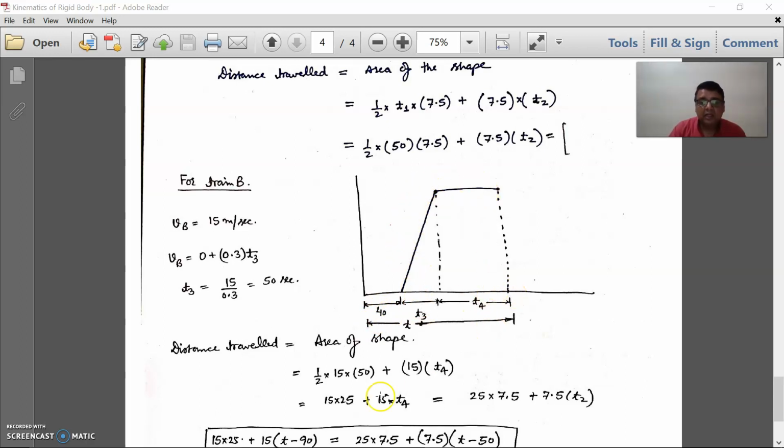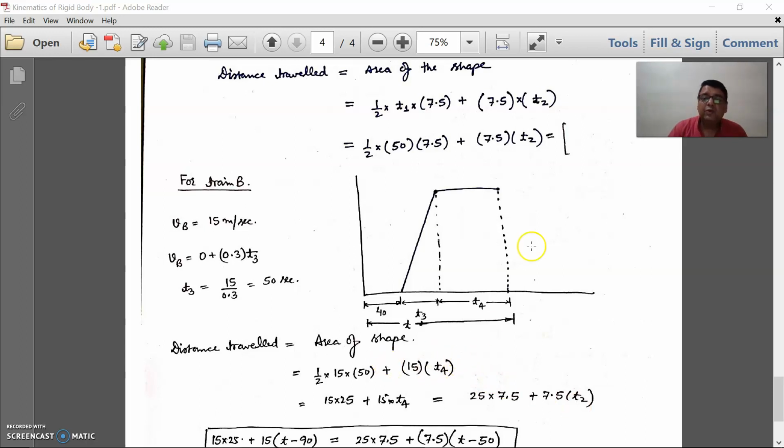So the distance traveled by B should be equated with the distance traveled by A, because after time t, train B will catch train A. But when I compare, in one distance it is t4, whereas in the other it is t2. Now I am interested in the value of t only.